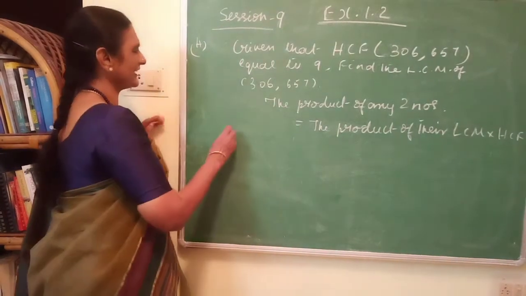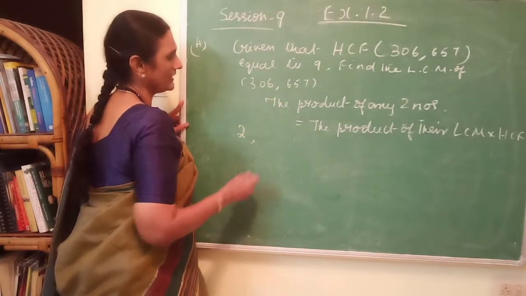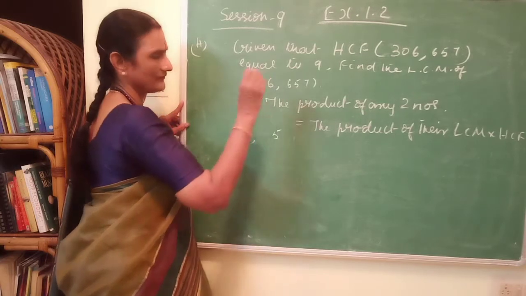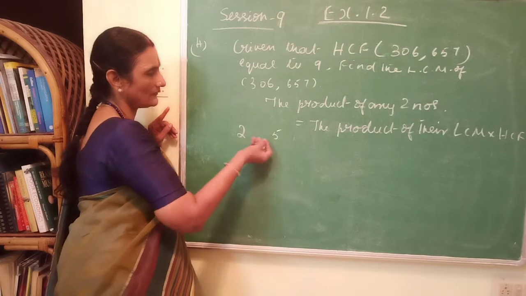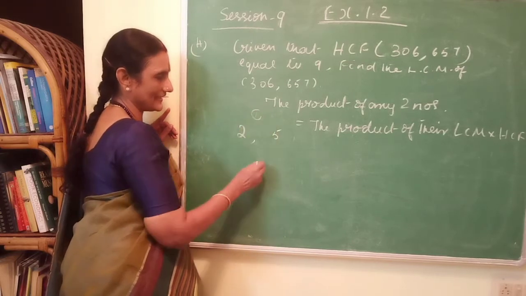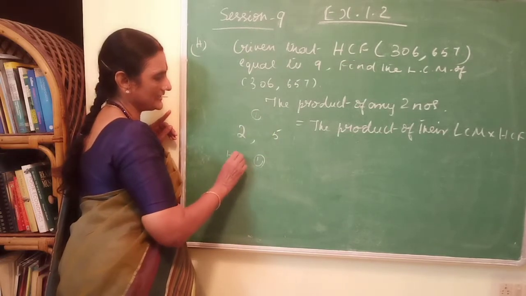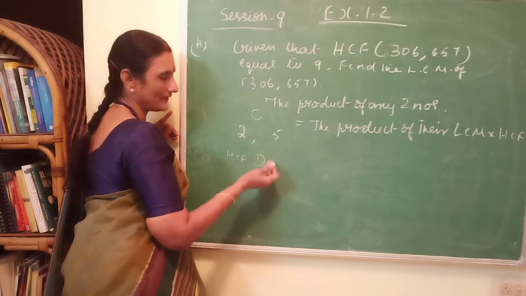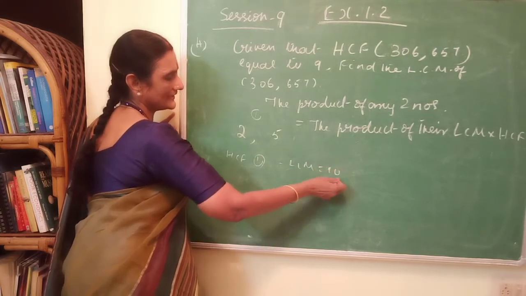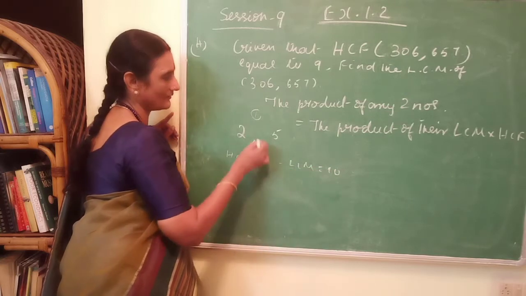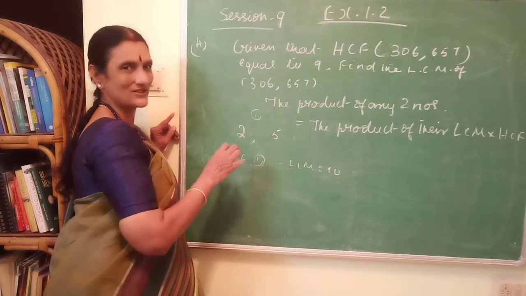You just select any two numbers, say 2, say 5. Now what is the HCF of these two numbers? Obviously 1 is the HCF. If you take the LCM, there is no common factor, so the product is the LCM. So HCF into LCM gives you what? What is the product of these two numbers? 2 into 5, 10.